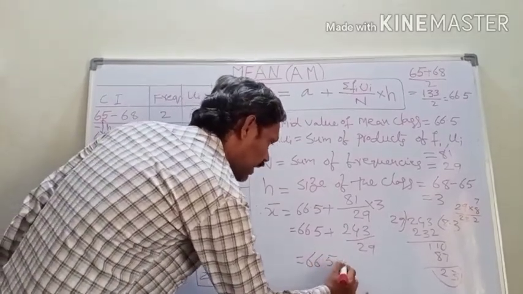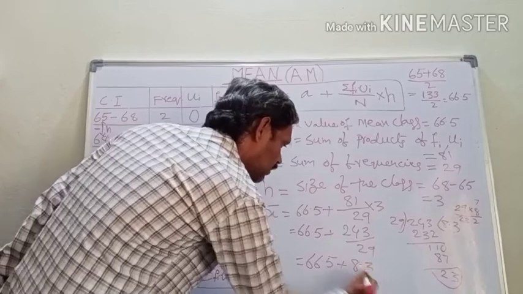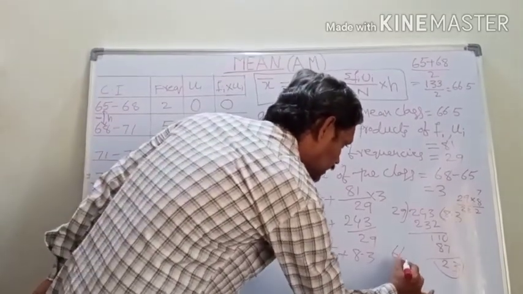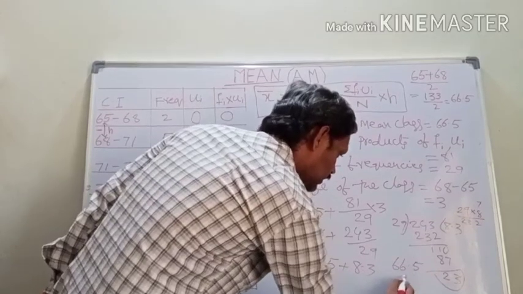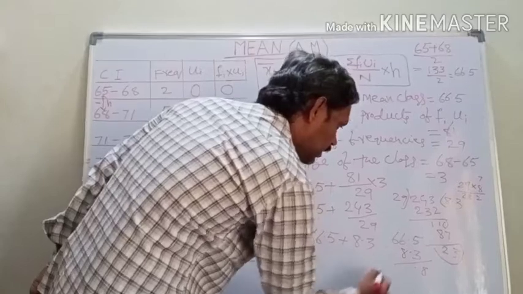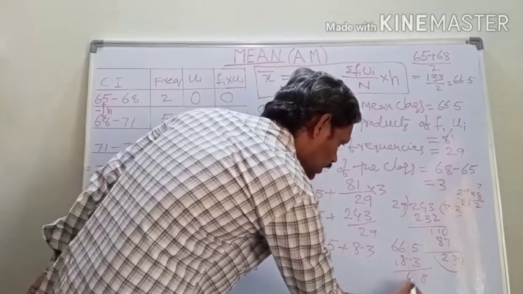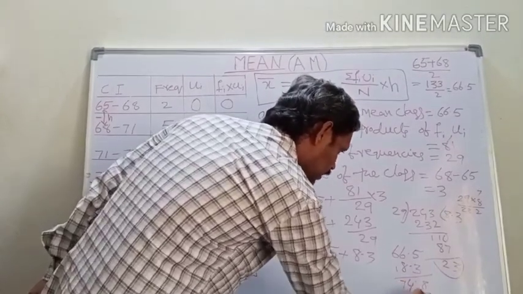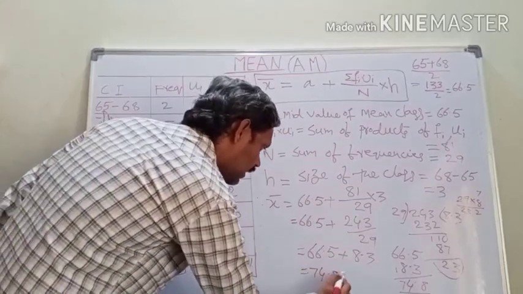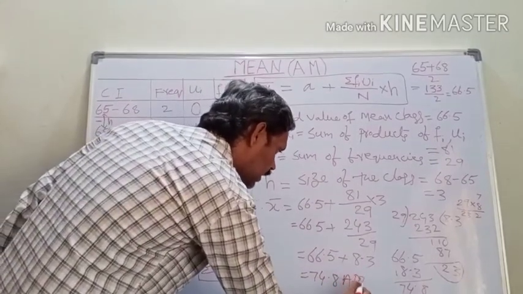That is equal to 66.5 plus 8.3. If you add two decimals like this, 66.5 and 8.3, keep the decimal, 8, this is 14, this is 7, that is 74.8 approximately.